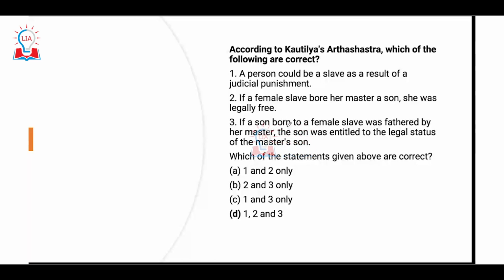If a son born to a female slave was fathered by her master, the son was entitled to the legal status of the master's son, which means if a master has accepted a son born to a female slave as his son, then he would have the powers for the inheritance of the property. That is the legal status of the master's son. Again, consider this statement with the background that slavery was legal during the Mauryan Empire. Seems perfectly fine. So the correct answer is D.